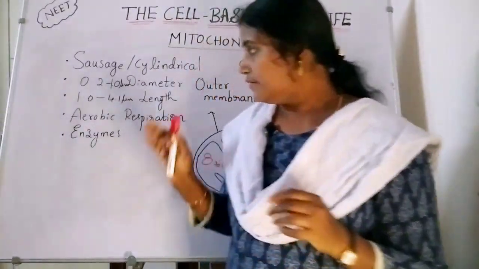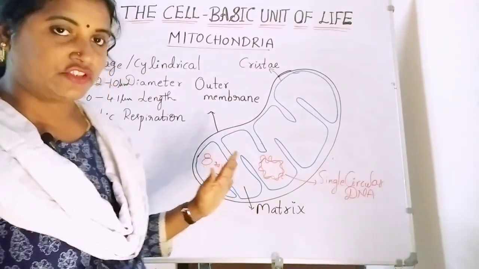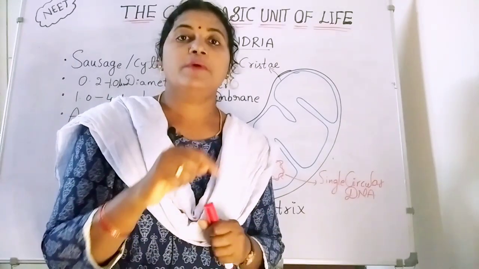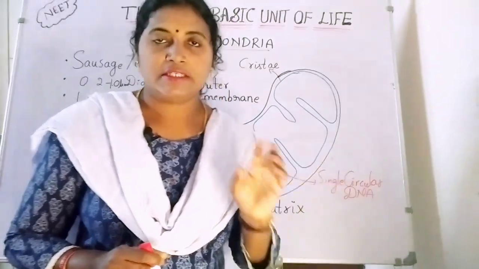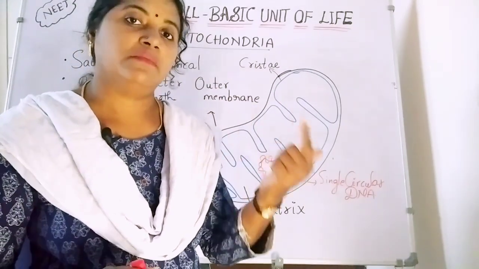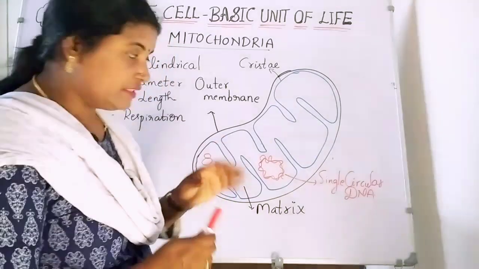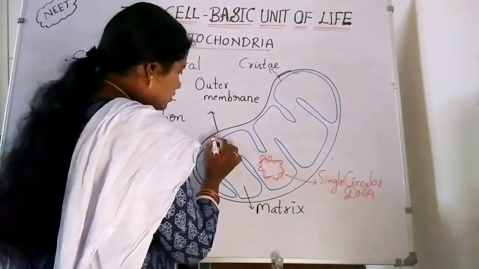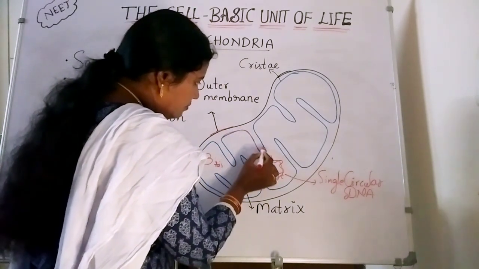After that, see here, the mitochondrial structure is covered by two membranes. It is a membranous structure, a double membrane. It is not a single membrane. Mitochondria have two membranes: the outer membrane, this is the outer membrane part, and this one is the inner membrane part.